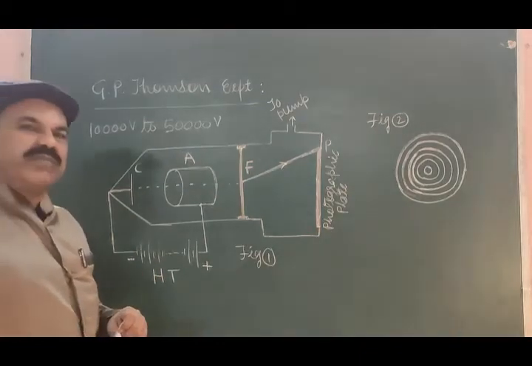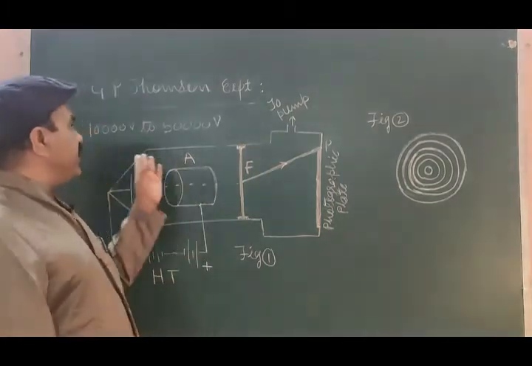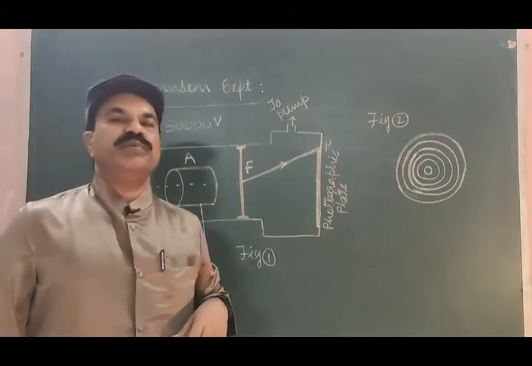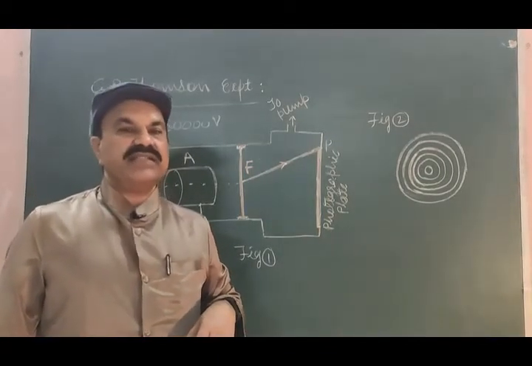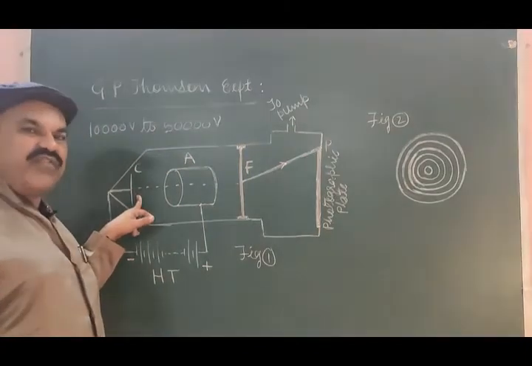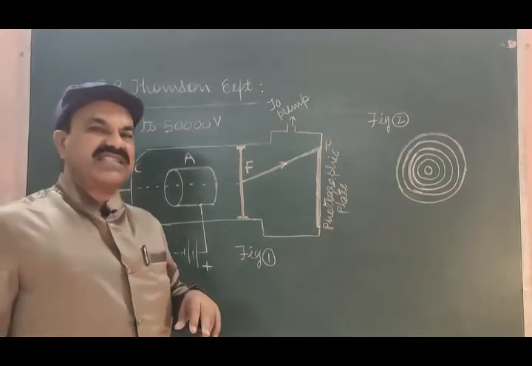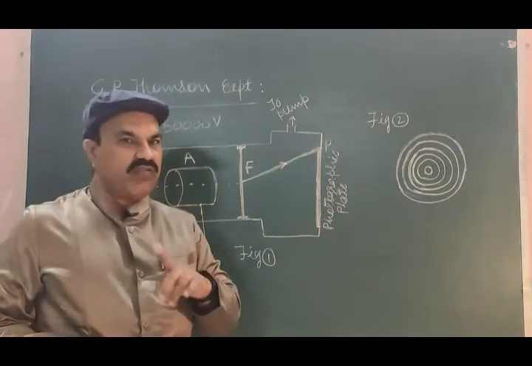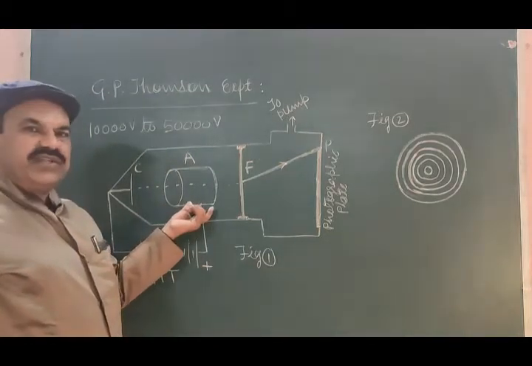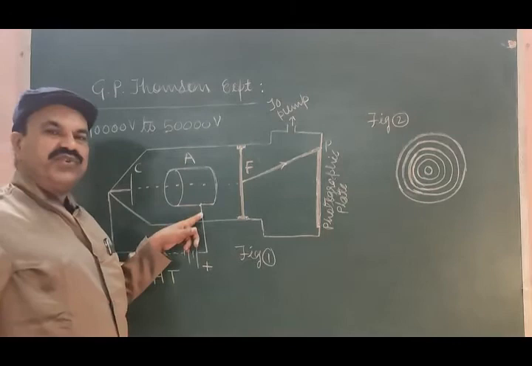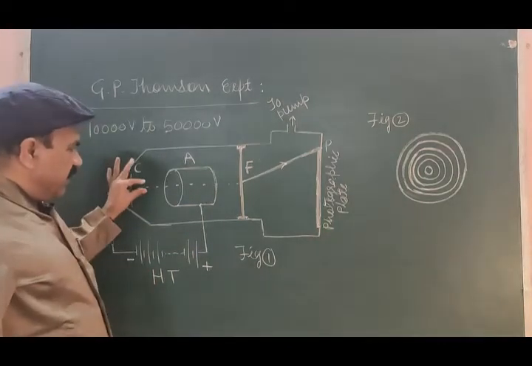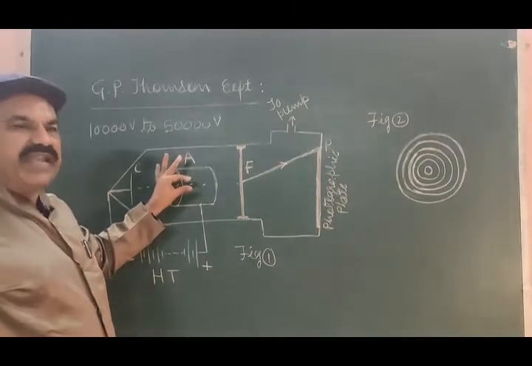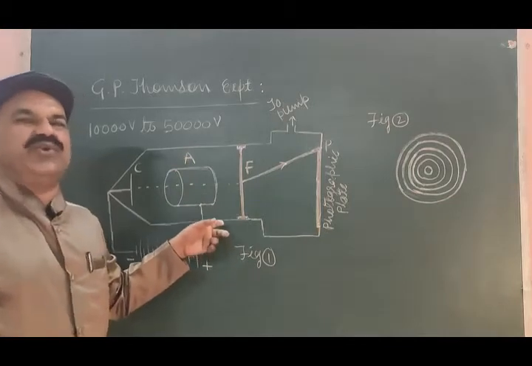This high tension power supply is such that it can provide any voltage ranging from 10,000 volt to 50,000 volt. It means that the electrons which are emitted from this cathode can be accelerated to very, very high velocities. Second thing, as a very large positive voltage is given to this anode, a very fine beam of electrons is made by this accelerating anode.